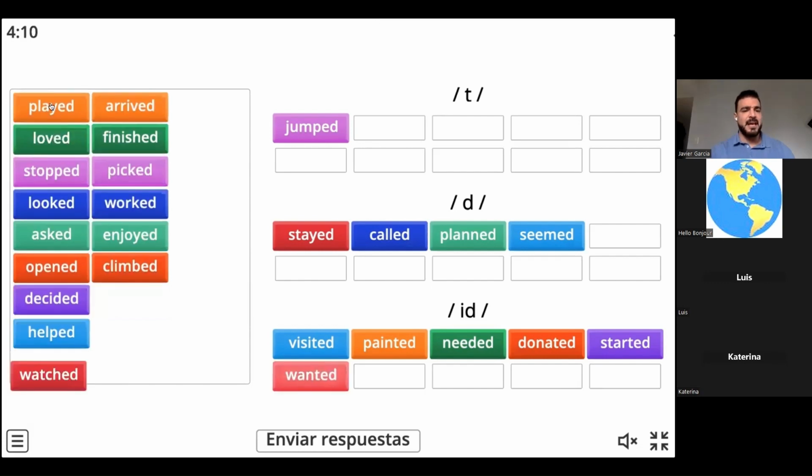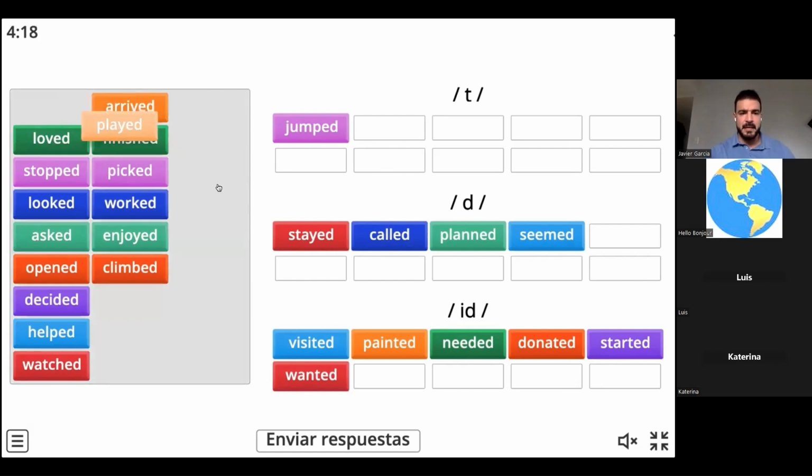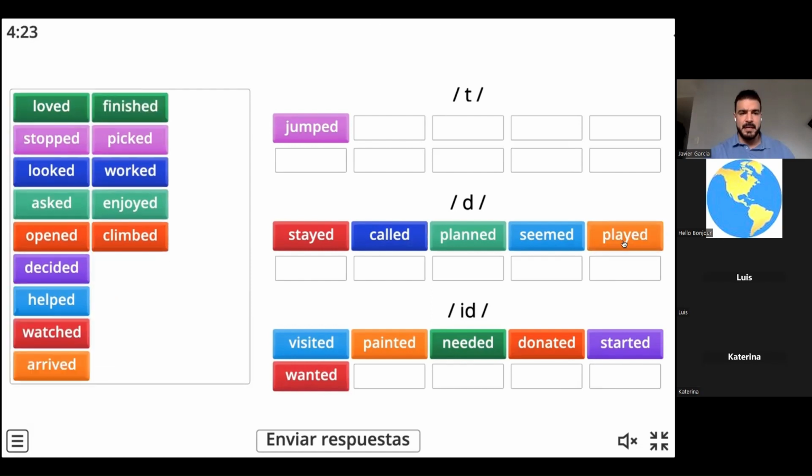Okay. Now played. Where do I put it? In the what? The D sound. Why? Because it has a Y at the end. Played. It kind of sounds like an I, right? It sounds like an I, but remember the I is a vowel that is not in the category of the rules of the ID or the T sound.